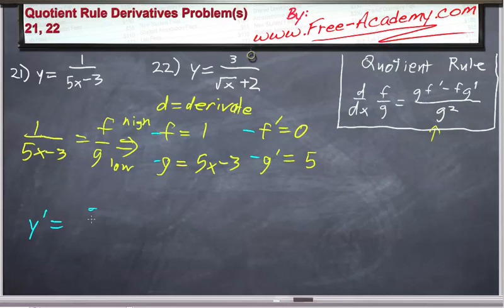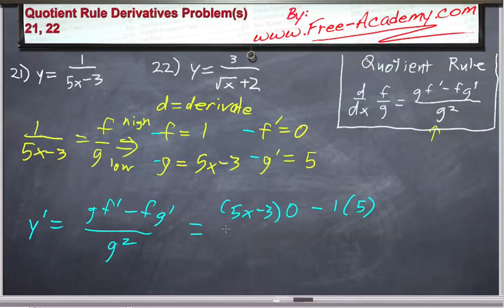Y prime is equal to g f prime minus f g prime divided by g squared. G is 5x to the minus 3 times f prime, which is 0. This is minus f, which is 1, times g prime, which is equal to negative 15x to the minus 4. This is all divided by g squared, which is 5x to the minus 3 squared.